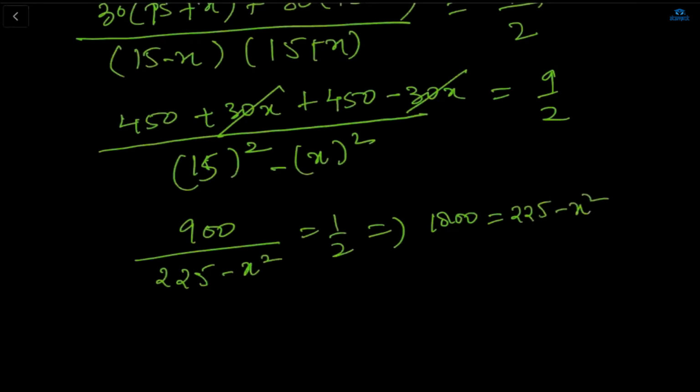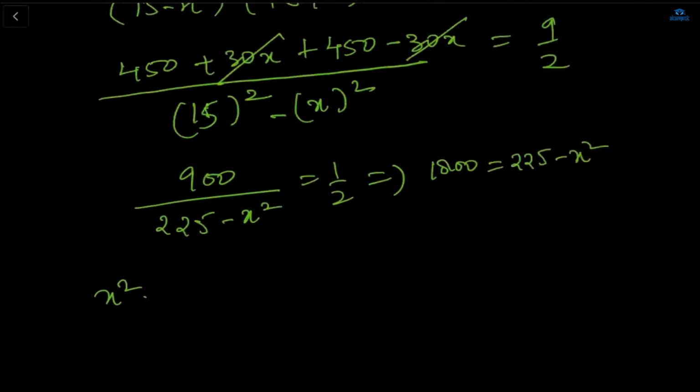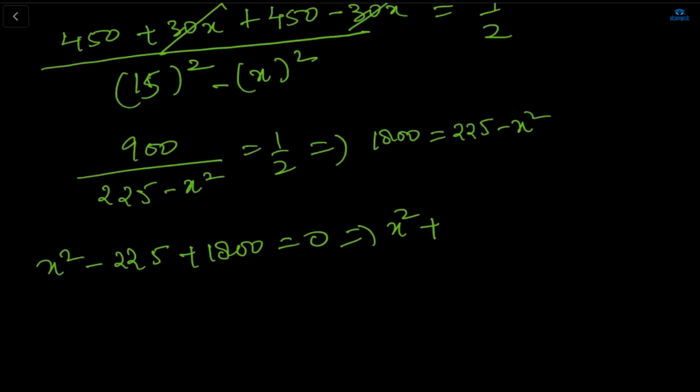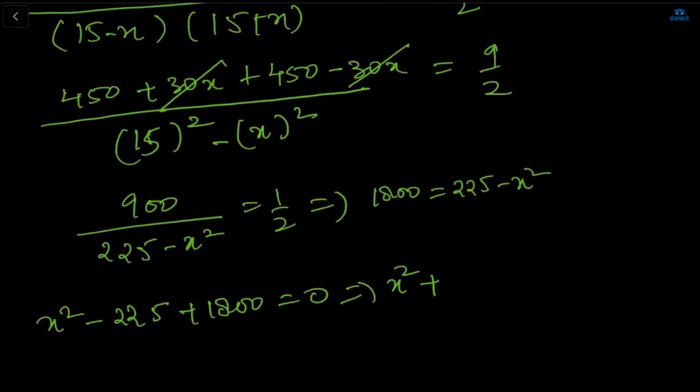You bring x this side, x square minus 225, okay, plus 1800 is equal to 0. Okay. So what it will be giving you? X square plus, if you are going to subtract 225 from, what is it? I have not done anything wrong.